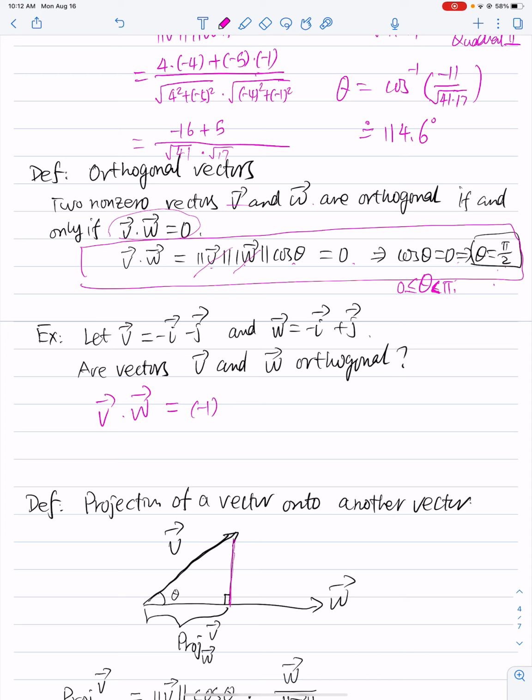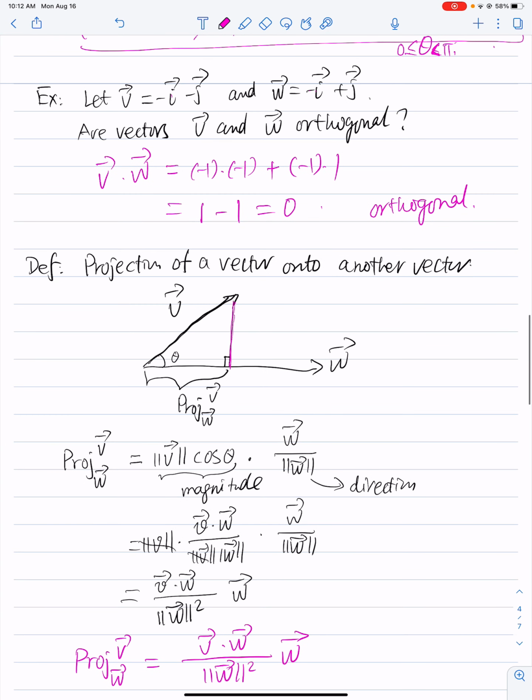Negative 1 times what? Negative 1 coefficient, plus what? Negative 1 times 1. Negative 1 times negative 1 is 1, minus 1 is what? 0. Then orthogonal. Very easy to check, yeah? Very easy to check.